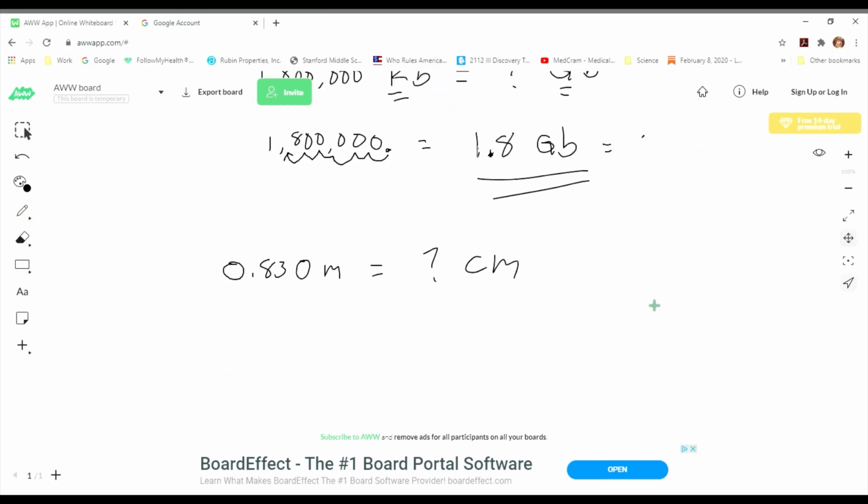Down means to the right, and down 2 rows that don't cross a dark line means you're going to do it one at a time. So you're going to move the decimal twice to the right. 1, 2, and you're going to end up with 83.0 centimeters. Okay, so that's how you do those problems. If you have any questions, please let me know.